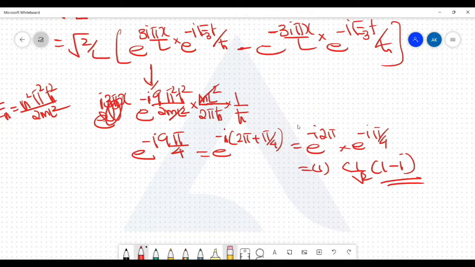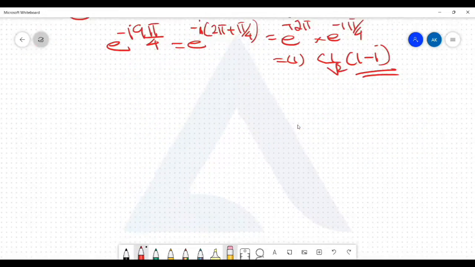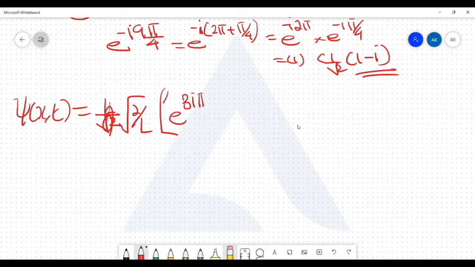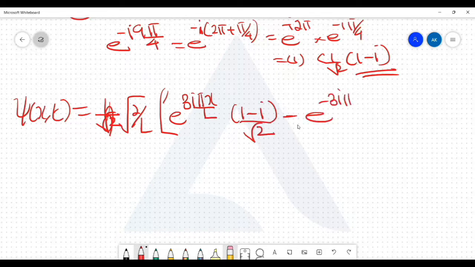So our answer will be psi of x,t, substituting here: root 2 by L into e raised to 3i pi x by L into 1 minus i by root 2, minus e raised to minus i 3 pi x by L into 1 minus i by root 2.